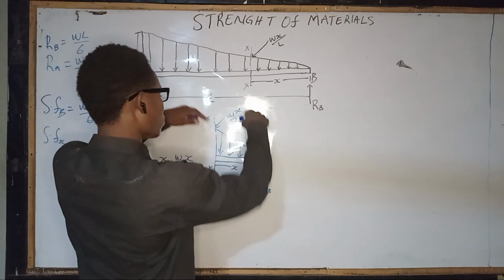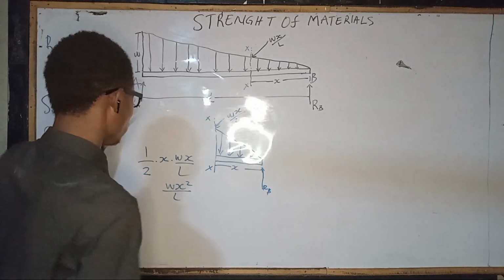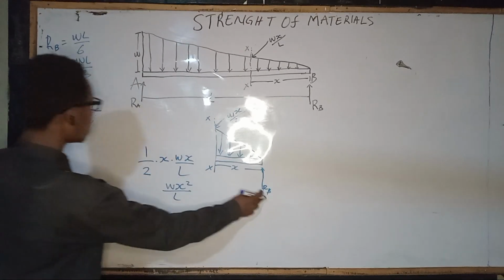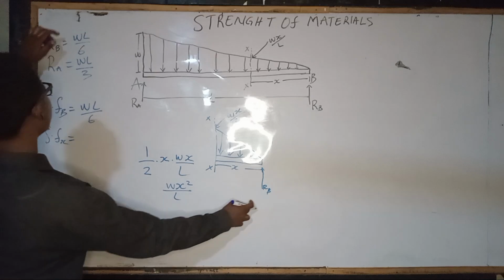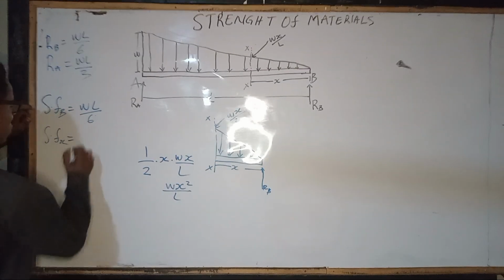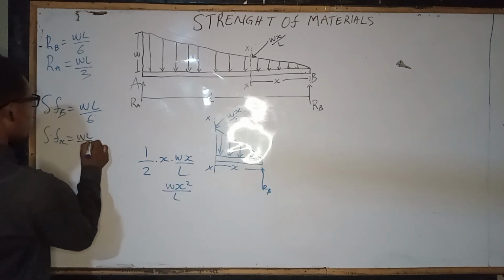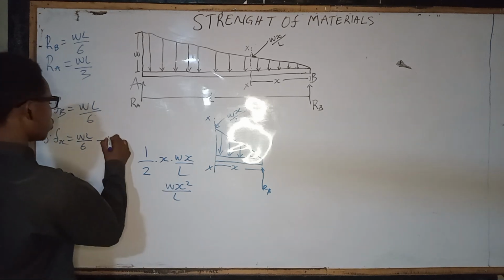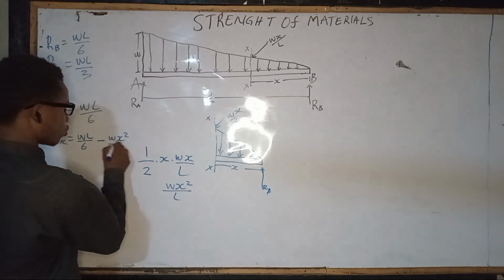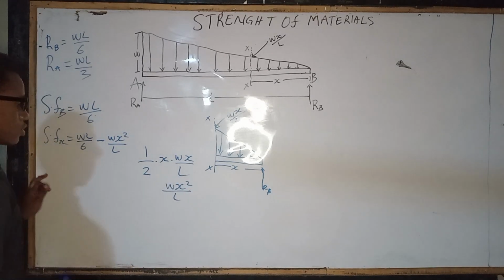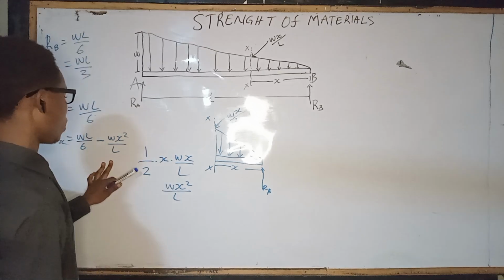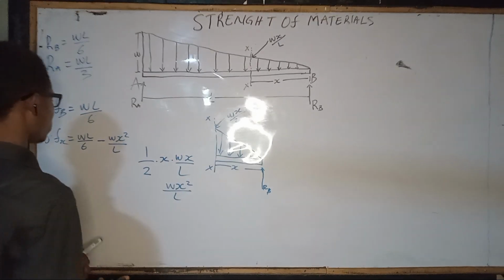That is for the top triangle. So the total shearing force here now would be equal to this RB, and this RB is WL over 6, minus this one here, which is Wx square over L. That will be the shearing force from here.